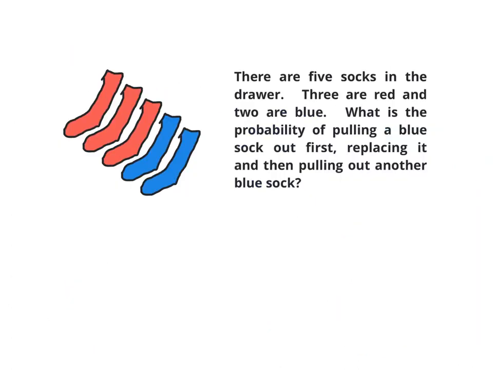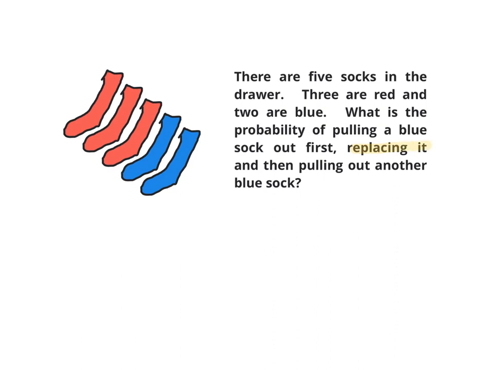All right, last problem. There are 5 socks in the drawer. 3 are red and 2 are blue. What is the probability of pulling a blue sock out first, replacing it, and then pulling out another blue sock? So again, key to our problem is replacing it, because this makes it independent events.